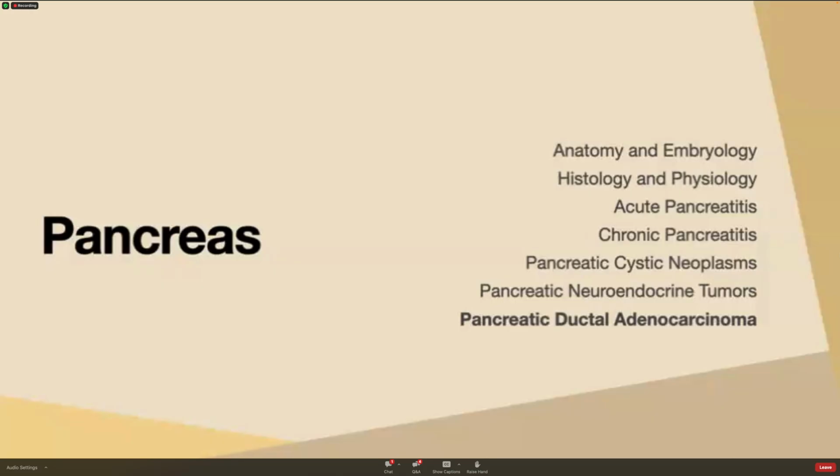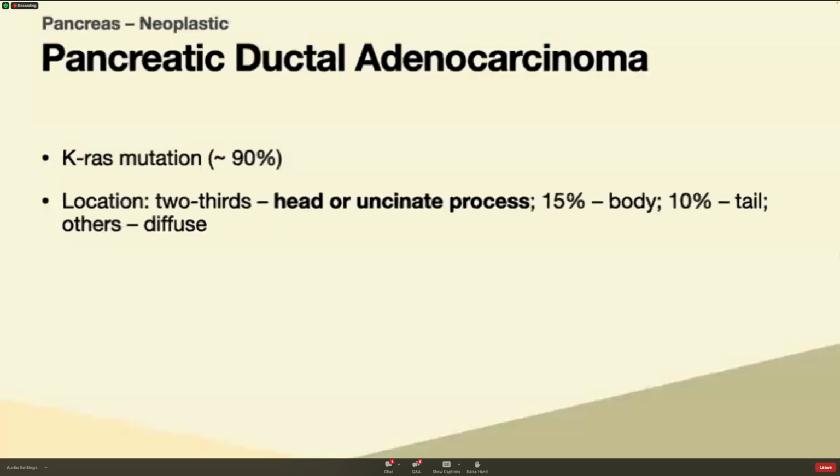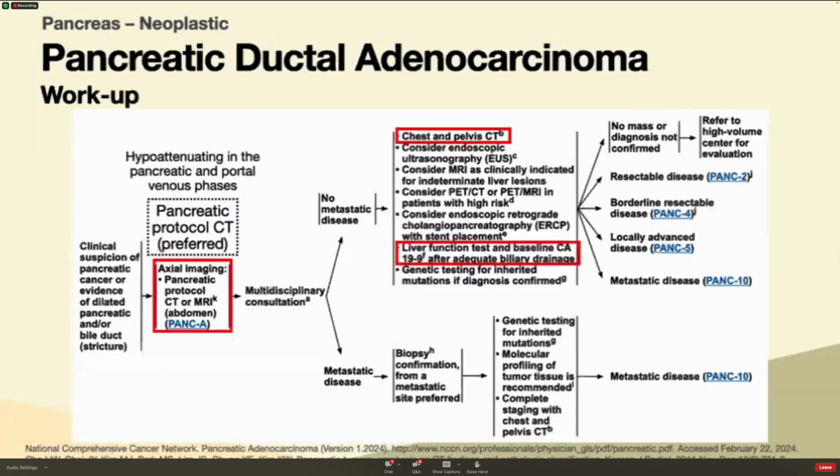So lastly, we have the PDAC, pancreatic ductal adenocarcinoma. The lesion is usually located at the head or uncinate process, and there's a KRAS mutation in 90%. For the workup, this includes a pancreatic protocol CT, or MRI can also be used if it's a high quality MRI.